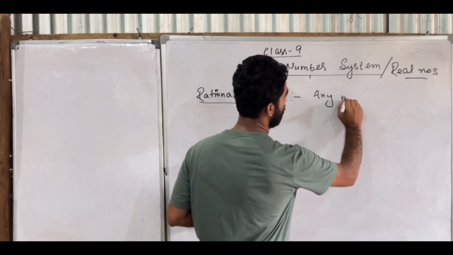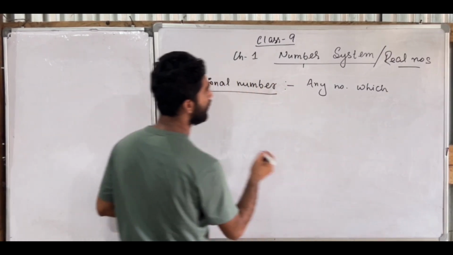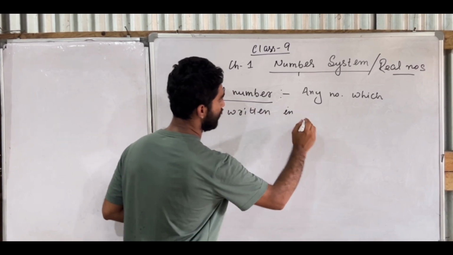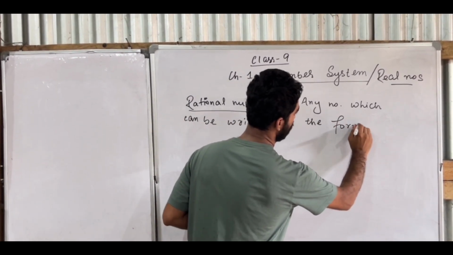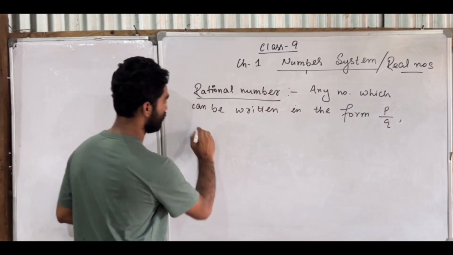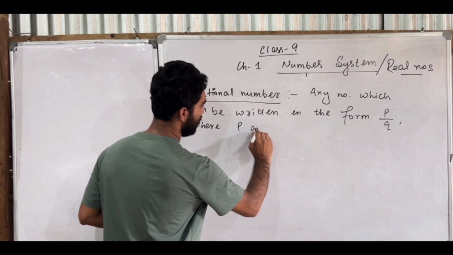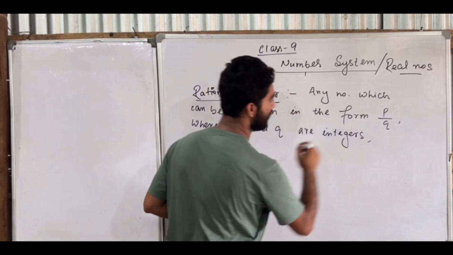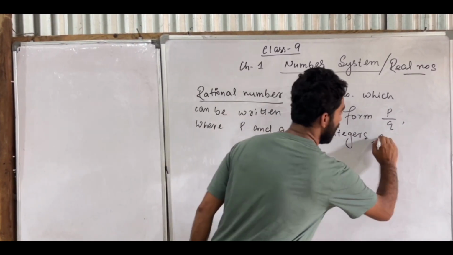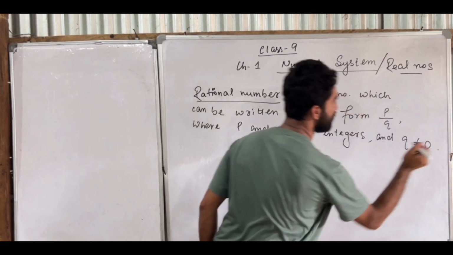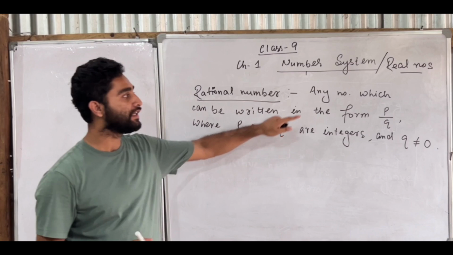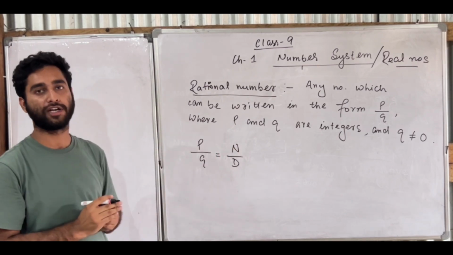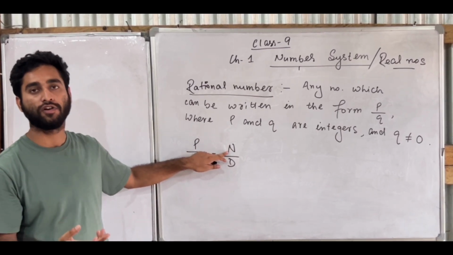Any number which can be written in the form P by Q, where P and Q are integers, and this Q should not be equal to 0. So any number which can be written in the form of P by Q. P by Q is nothing, we can say, the numerator by denominator form. Any number which can be written in the form of fraction are called the rational numbers.